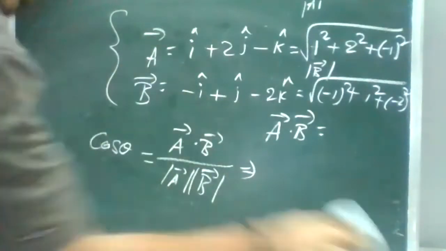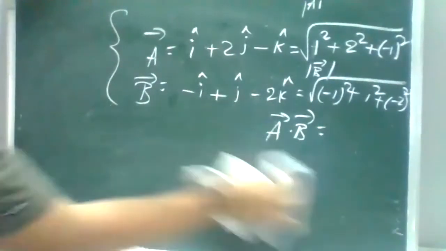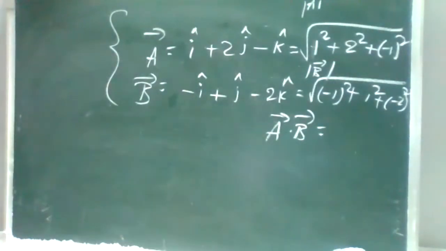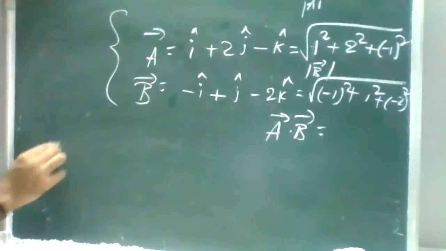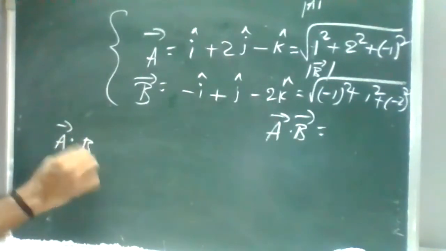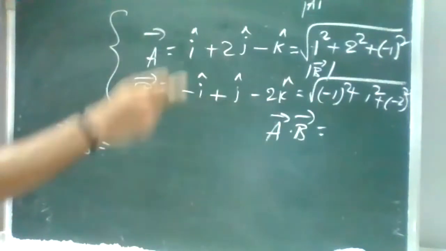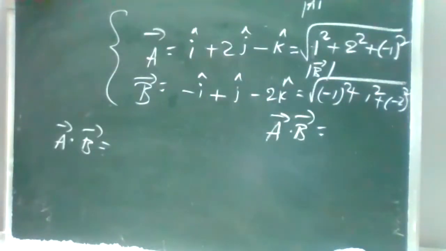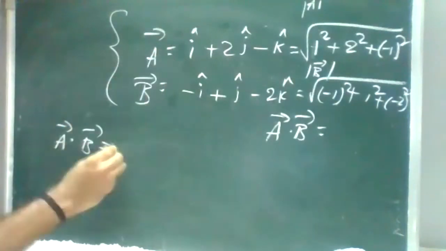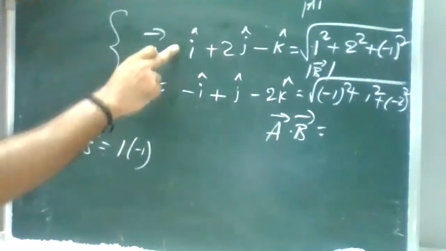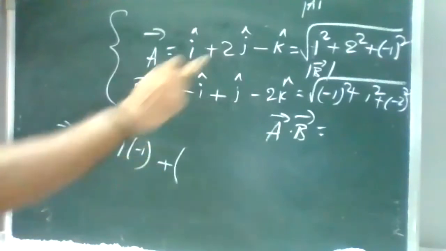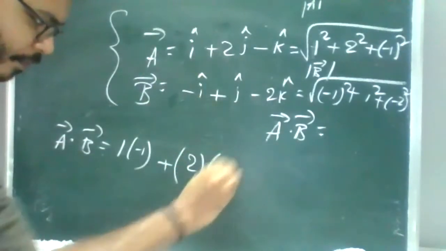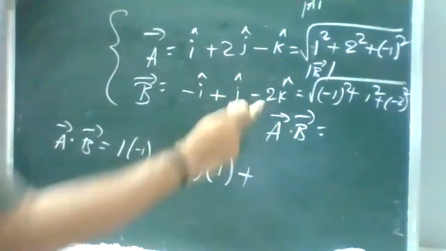First I'm going to find a vector dot b vector. Multiplying i cap separately, j cap separately and k cap separately, the summation is the answer. So it is 1 into minus 1, plus 2 into 1, plus minus 1 into minus 2.